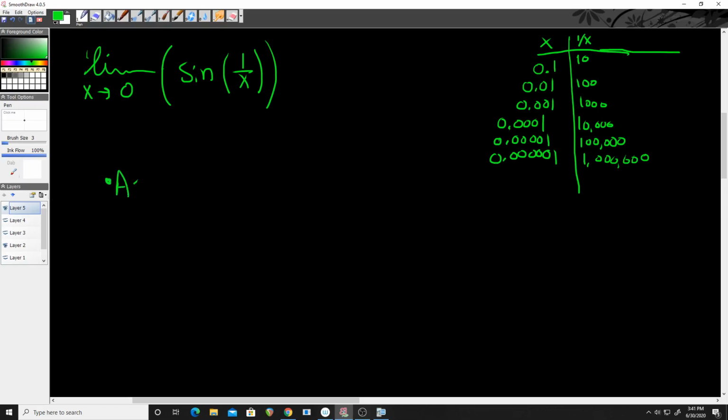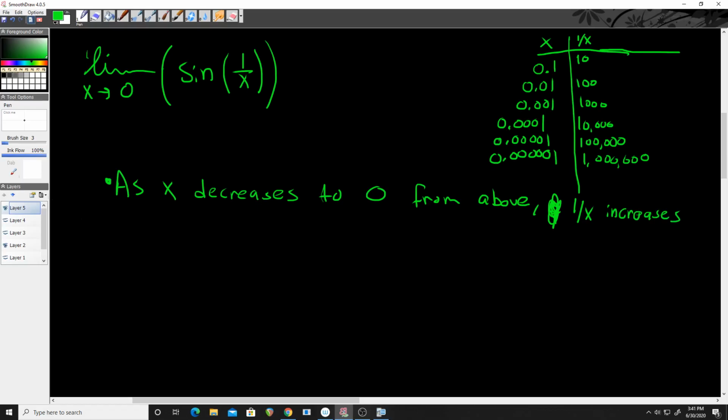As x decreases to 0 from above, in other words, from a positive number, like we've done here in the table, 1 over x increases without bound.